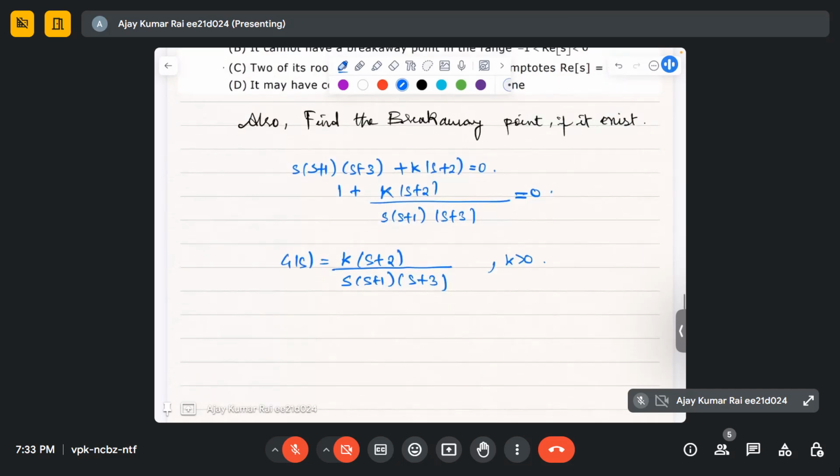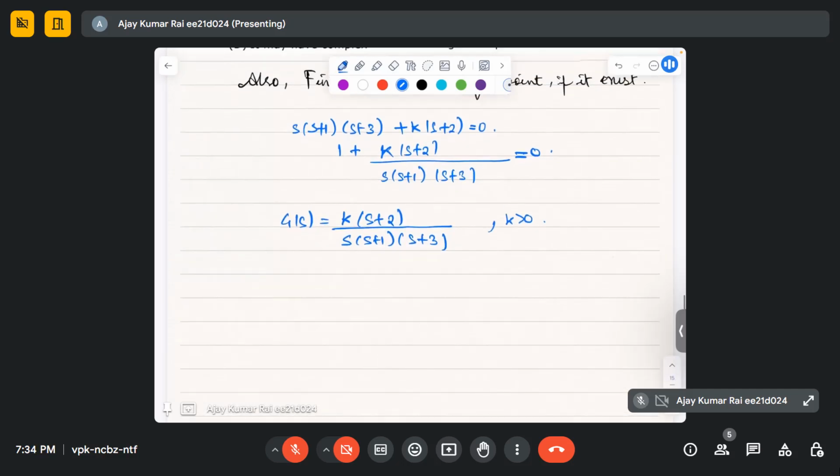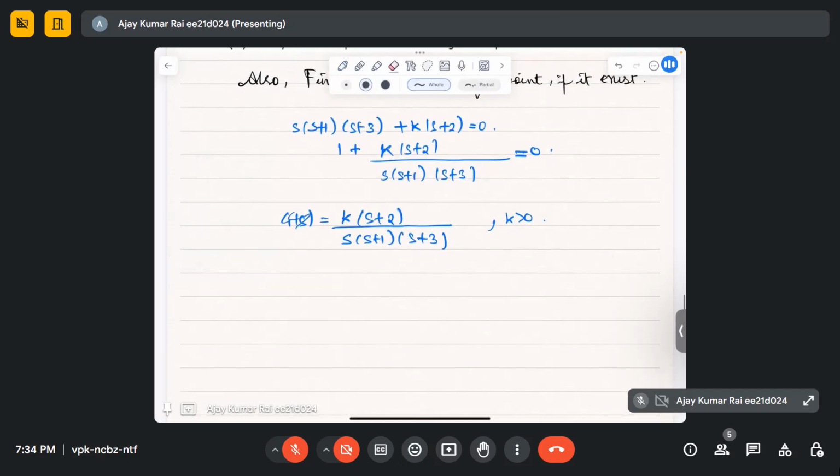So this is G(s)H(s), because it's not given in the question whether it's unity feedback or not. Since this is 1 plus G(s)H(s) equal to 0, we are finding out G(s)H(s), which is the open loop transfer function.